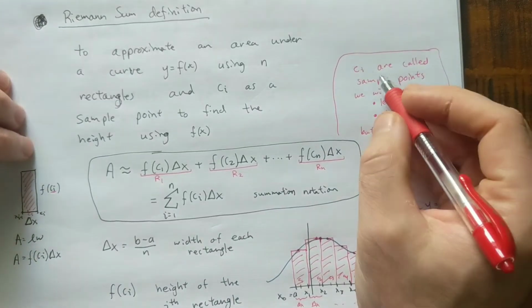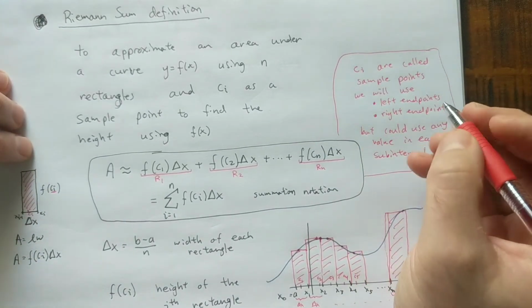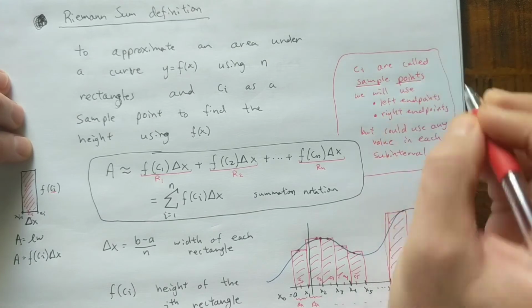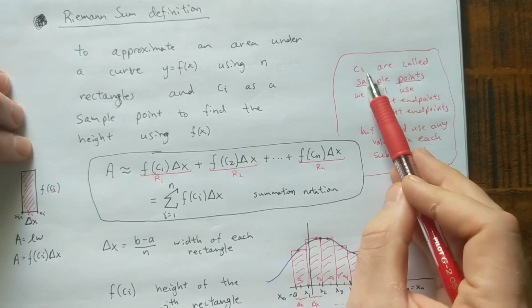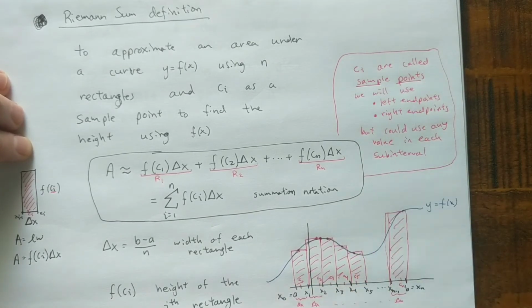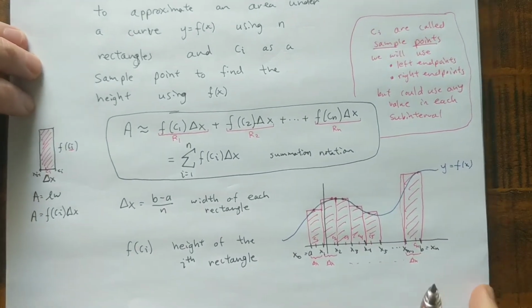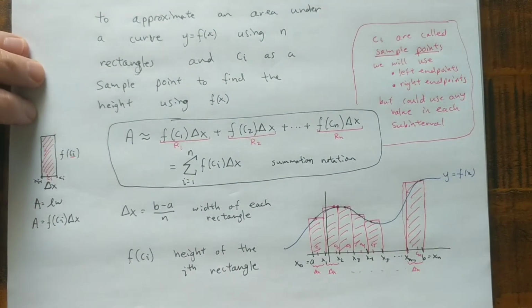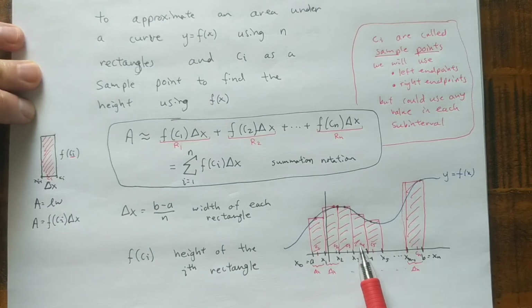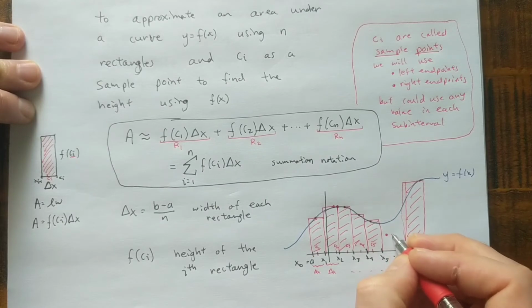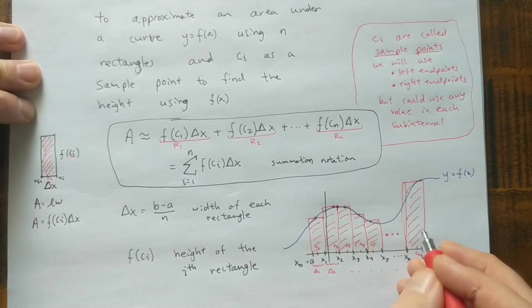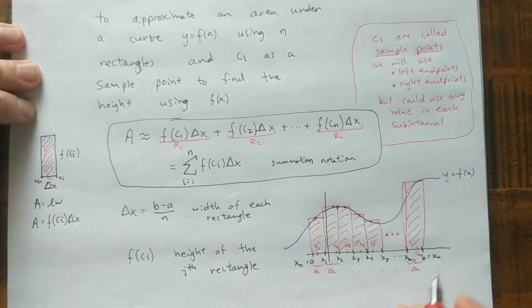I want to say a little bit about the c sub i. These are our sample points. And it turns out you can use any c sub i you want to as long as they're in the subinterval. So if we pull this picture onto the screen, here's rectangle 1, rectangle 2, rectangle 3, 4, 5, and then some kind of spacing, since we don't know how many we're using, and then the last one, the nth one.